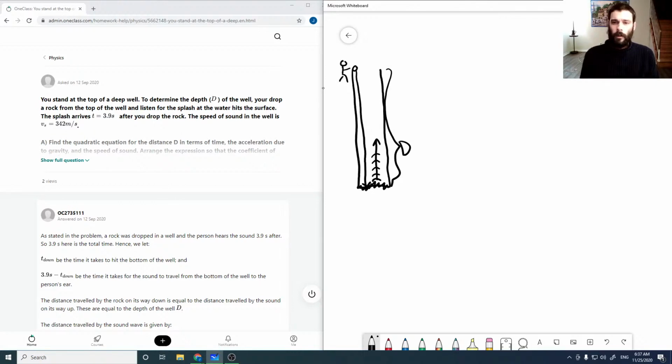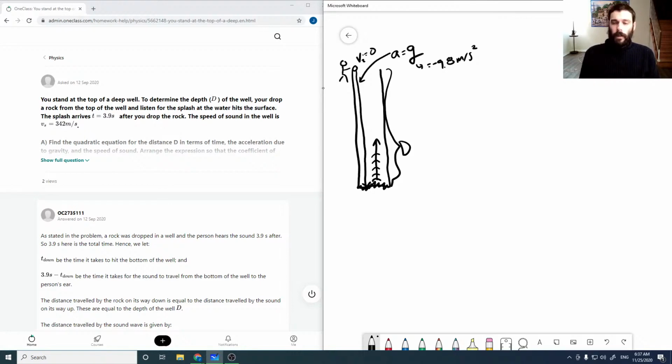And so the rock falls initially from rest, so v_i equals 0. Its acceleration will be gravity. So it'll be due to gravity, which for these purposes I'm going to use minus 9.8 meters per second squared.